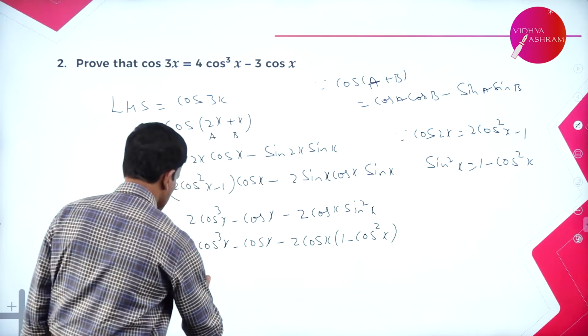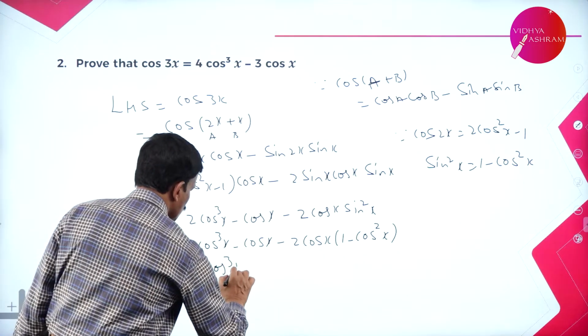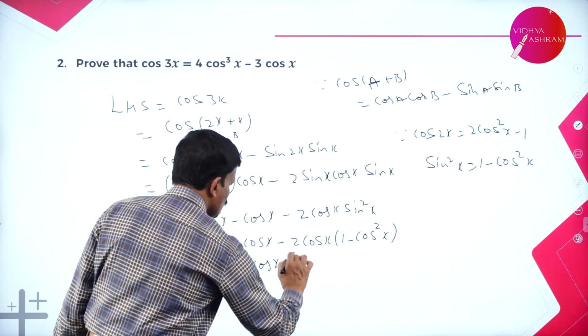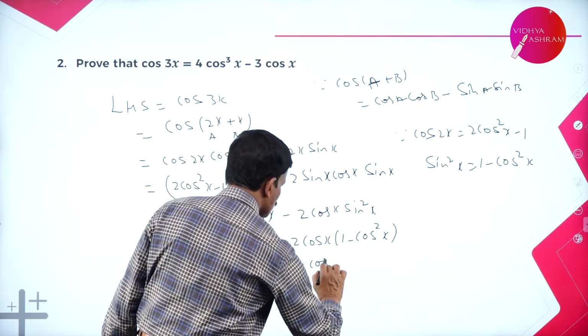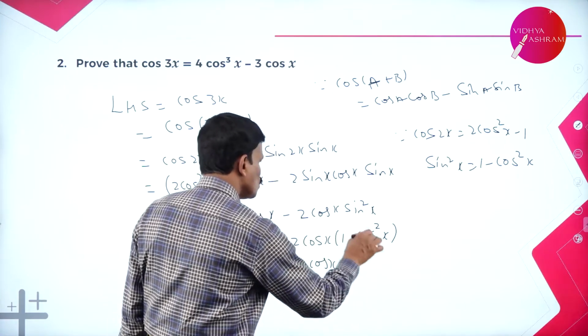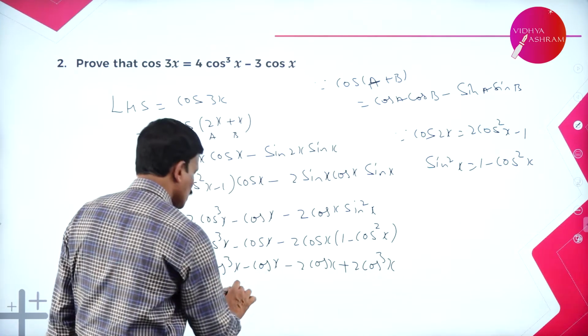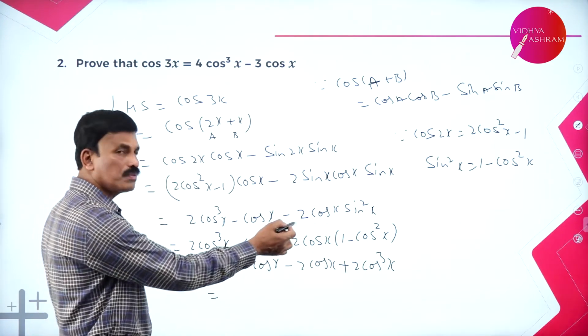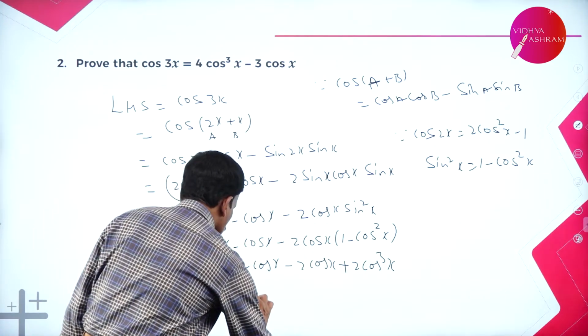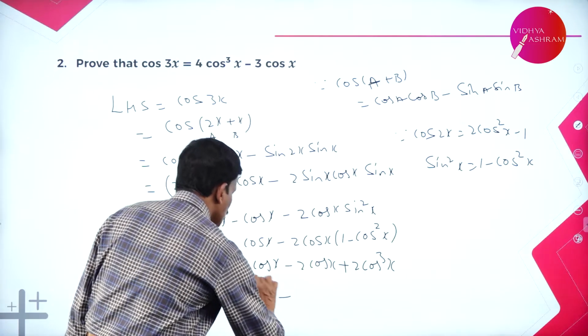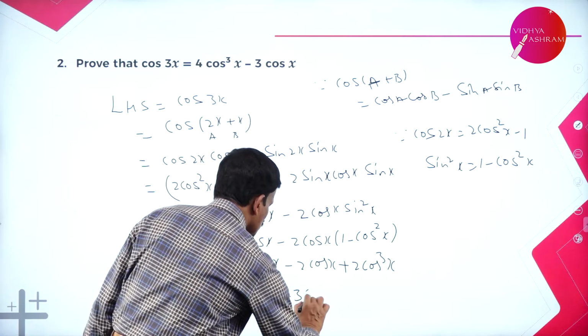Now multiply: 2 cos cube x minus cos x minus 2 cos x into 1 is 2 cos x, minus into minus is plus, 2 cos into cos square is 2 cos cube x. Now this can be written as 2 cos cube plus 2 cos cube is 4 cos cube x, minus 2 minus 1 is minus 3 cos x.